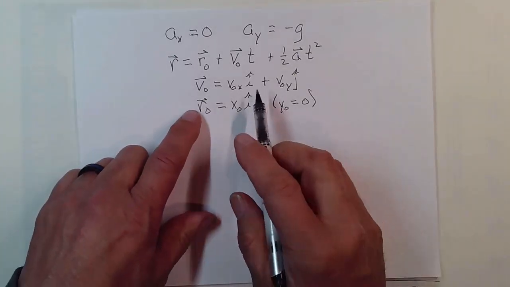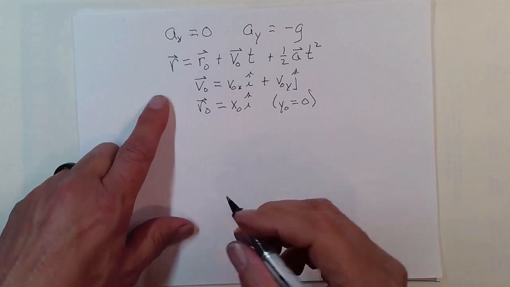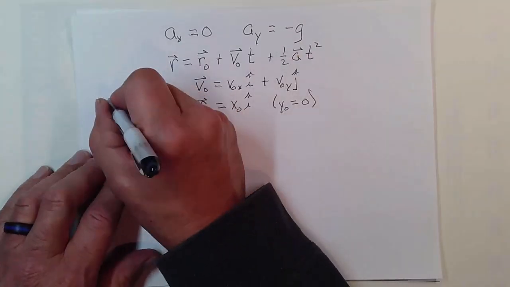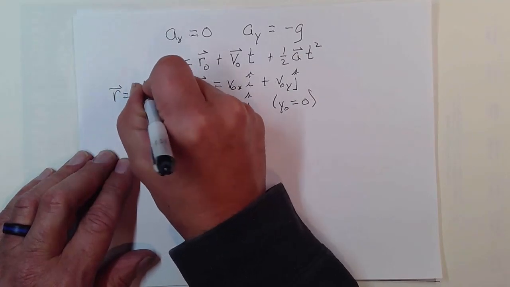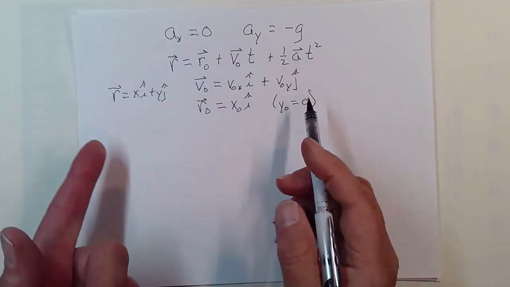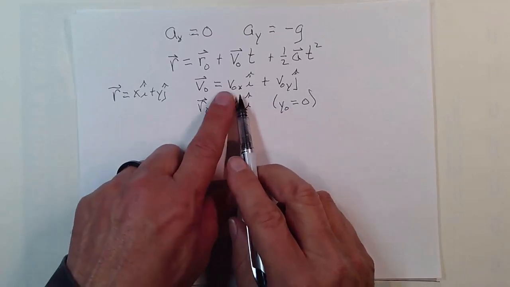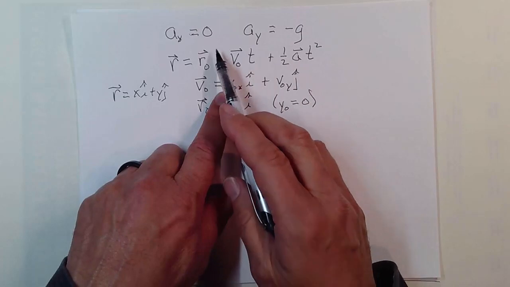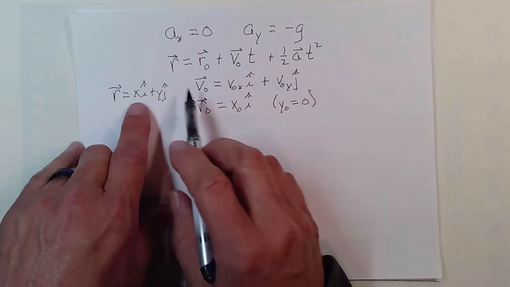Well, what does this equation look like if I just consider the i hat terms? Oh, r is our usual value of r. It's going to be x in the i hat direction plus y in the j hat direction. What do the equations look like that I get here? Well, there's no acceleration in the x direction, so this is the constant x. And I'll just pick things off.